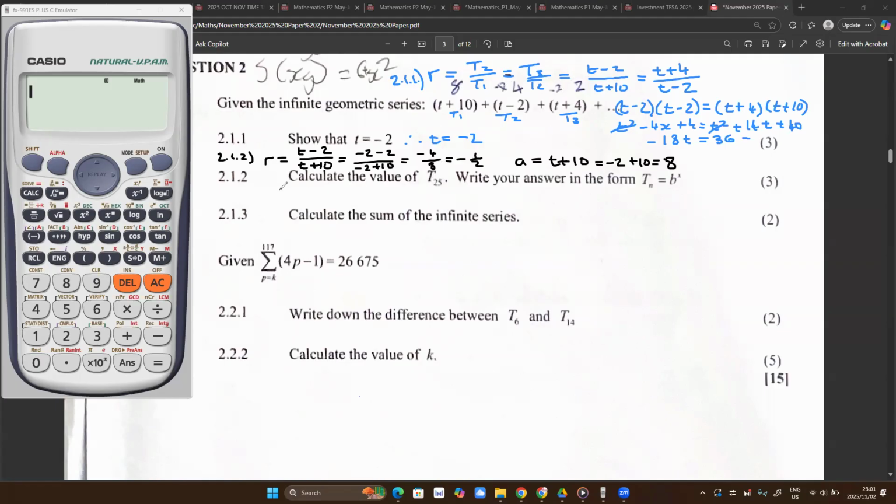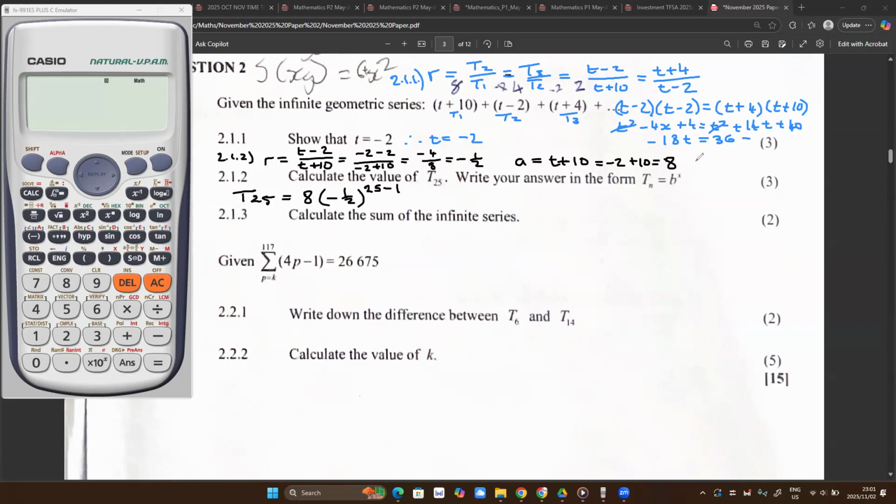Now they want T25, right? So now we've got everything that we need. So T25 is going to be our a, which is our 8, multiplied by our ratio, which is negative 1/2 to the power of n minus 1, so 25 minus 1.